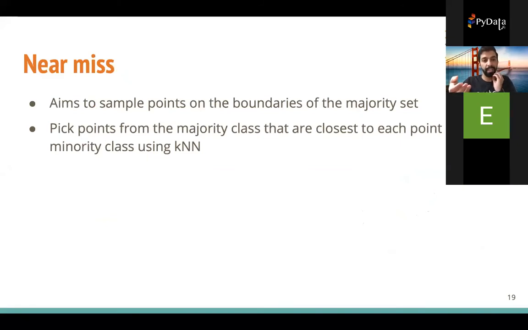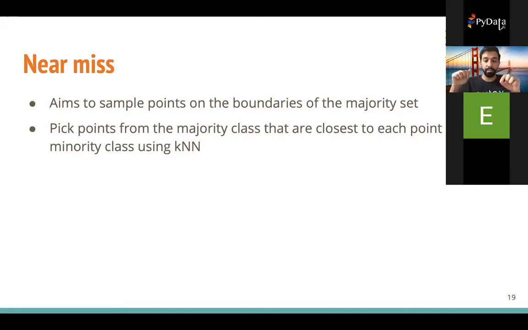The first of the keep-boundary methods is near miss. Near miss tries to keep the points that are on the boundary of the majority set, basically only the hard or tough points from the majority set. The way it works is that it picks points from the majority class that are closest to each point in the minority class using KNN.